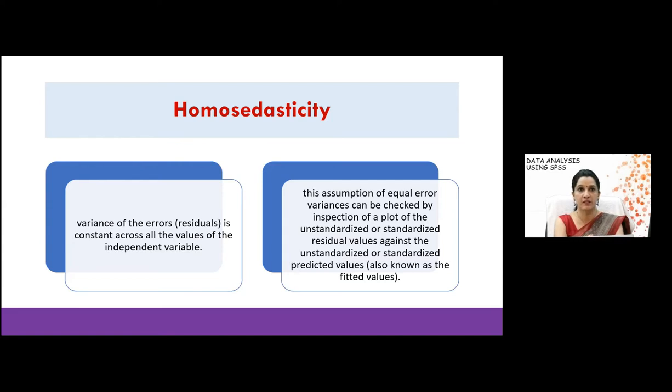We check this assumption of equal error variance by plotting a graph of the unstandardized or standardized residual versus the unstandardized or standardized predicted value. The predicted value is known as the fitted value, and you check whether the residual is varying or not.